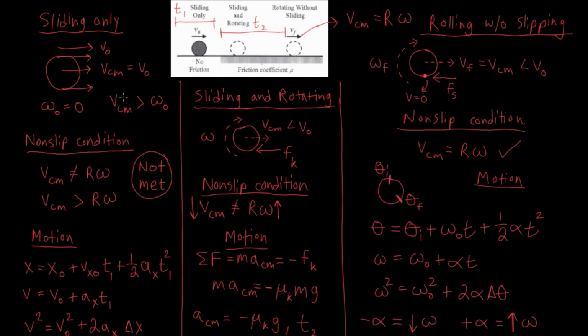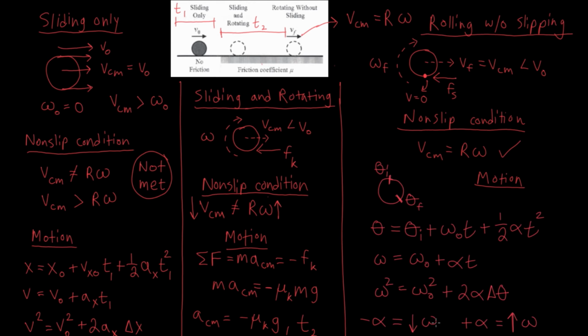The angular speed went from 0 to some value greater than 0. And the velocity of the center of mass also decreased due to the force of kinetic friction.